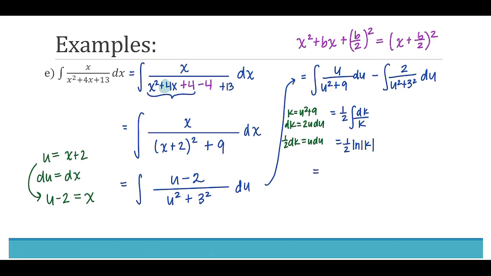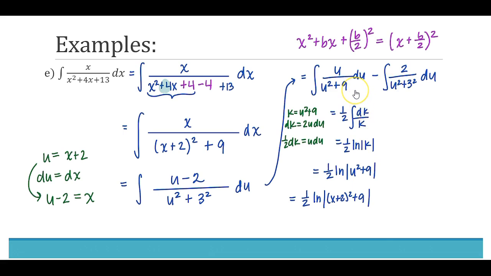And substituting u back in, I have 1/2 natural log of the absolute value of u squared plus 9. But u was x plus 2, and our original problem was in terms of x. So we're going to go all the way to 1/2 natural log of the absolute value of x plus 2 squared plus 9. So that's this first part here.